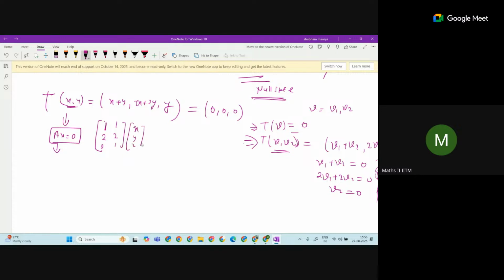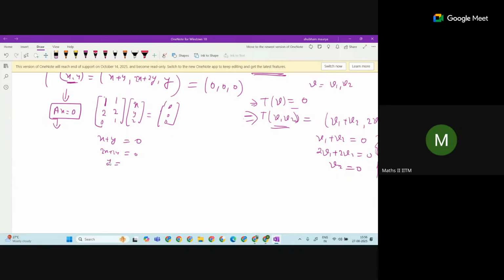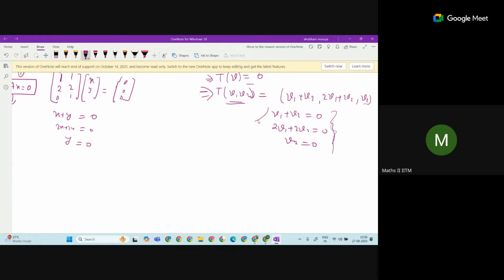If you solve the system of linear equations equal to 0, you end up with the same: x plus y is equal to 0, 2x plus 2y is equal to 0, and y is equal to 0. This is the same, right? Only in place of x y you are writing v1 v2. So the same thing is there.